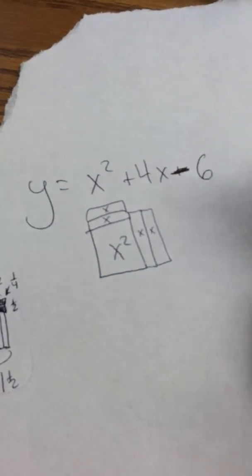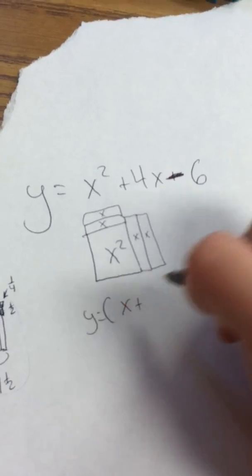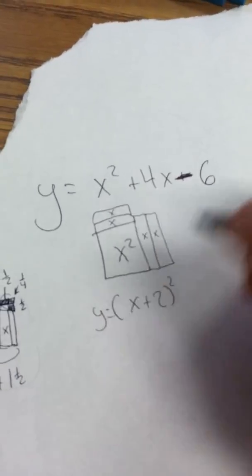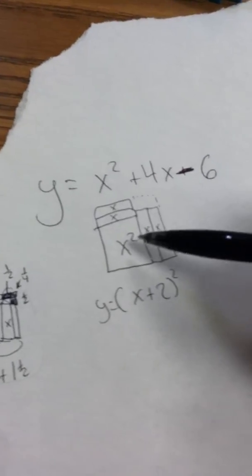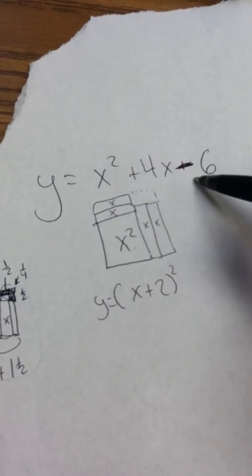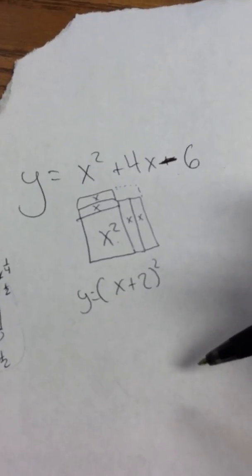Okay, well, if I write what the square would be, y would equal x plus 2 squared. That would be what it's all the way filled in at. Okay, but what I'm supposed to have is this amount actually minus 6. So I'm not even supposed to have this filled in, I'm supposed to have less than that.